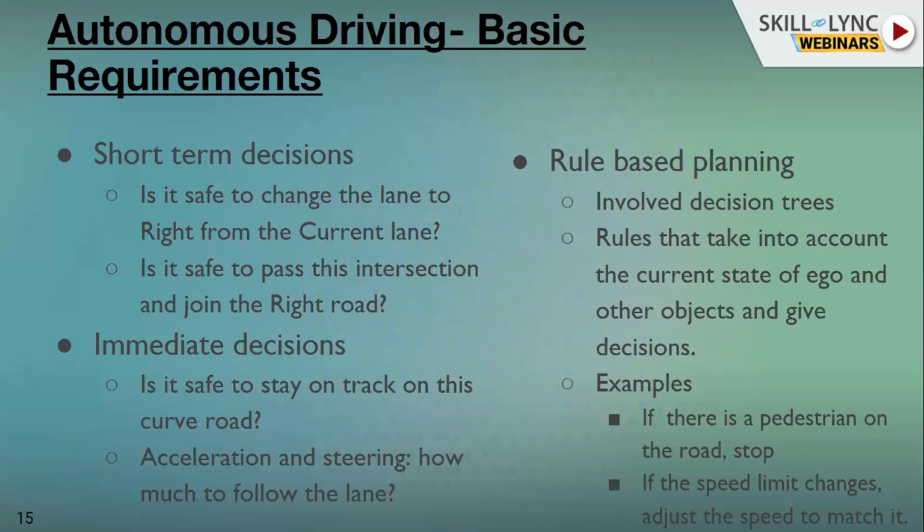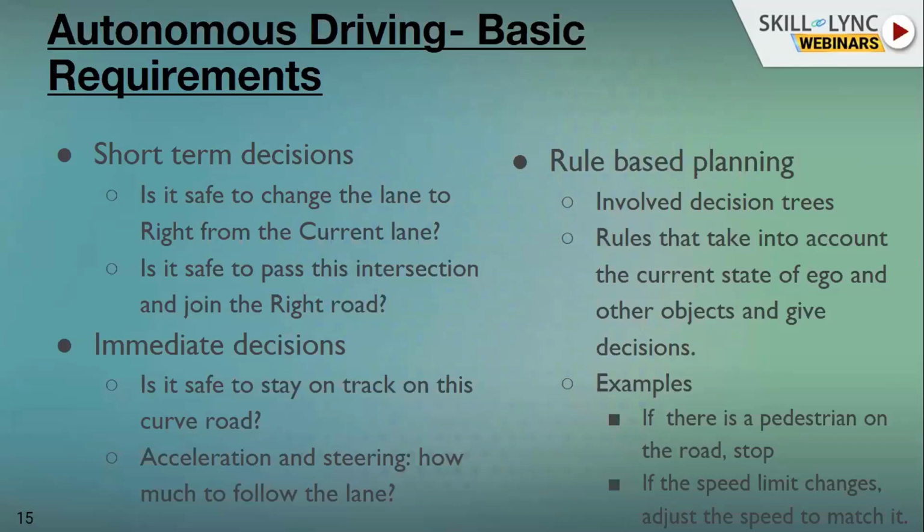The perception will check the surrounding objects' information and then tell you there are no vehicles on the right side, so that it will try to change the lane. That is one more short-term decision. Another example: is it safe to pass the intersection and join the right road? So during an intersection, is it safe to join the right road?